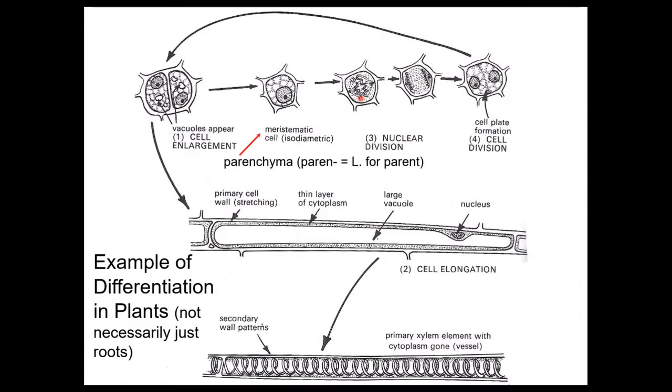Now, even in animals, cell division is a two-part process. First, nuclear division, that is, a nucleus divides, and that's what's going on here when you have the new chromosomes going to the poles. But in plants and in certain fungi, actually all fungi, we have cell plates forming, which is a precursor for a cell wall.